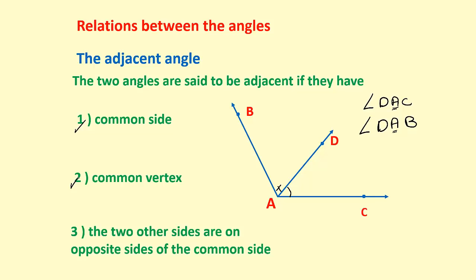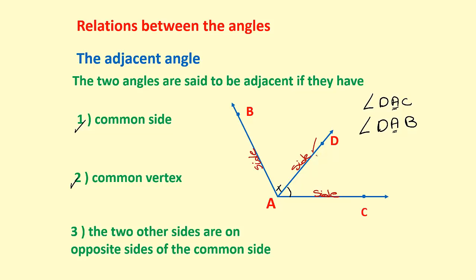The 2 other sides are on the opposite sides of the common side. Let's have a look here. We said that any angle has 2 sides. So, if we look at angle DAC, I will find that I have here one side, and here the other side of the angle. What about angle DAB? Angle DAB has AD as a side and AB as another side.